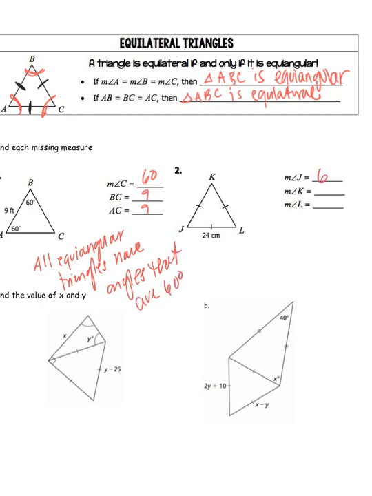So that means all the angles in this triangle are 60 degrees, and the sides are all equal, and they're all 24.